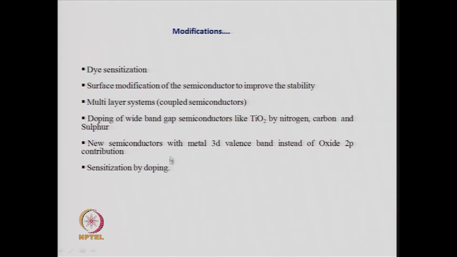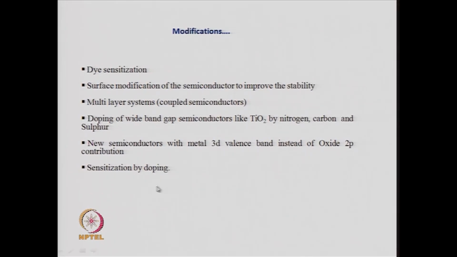Now, several semiconductors with a metal 3d valence band can be used instead of the oxygen 2p contribution. You can use sulfur, for example. So, you will have a sulfide band which is overlapping with the metal band. So, there can be other than metal oxides as semiconductors, and of course, it depends whether they should have a band gap of more than 1.23.